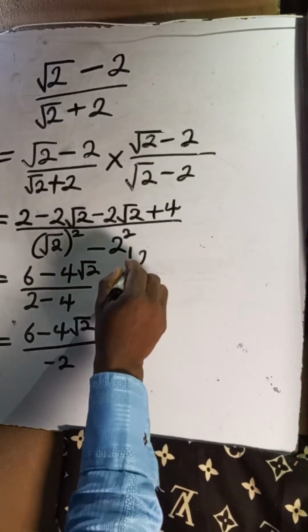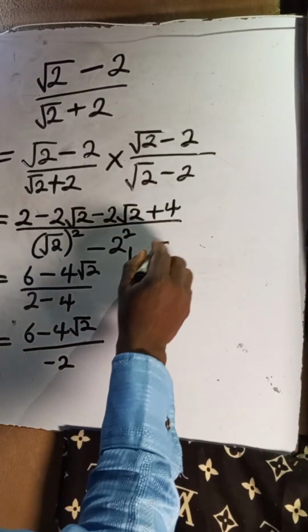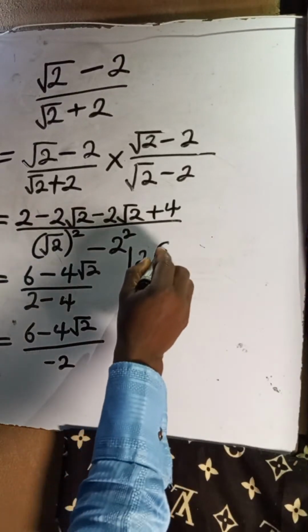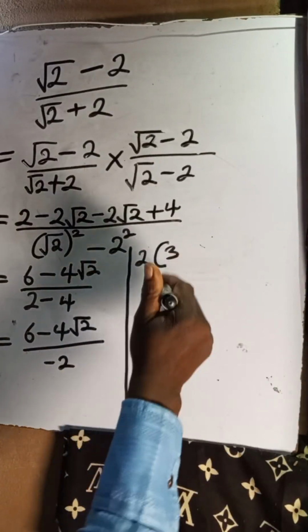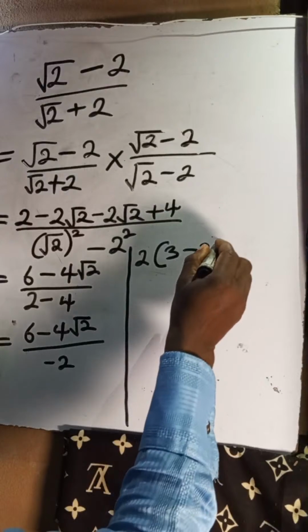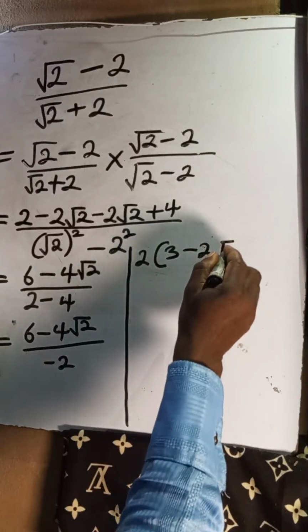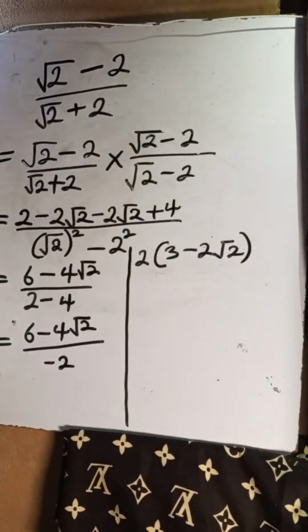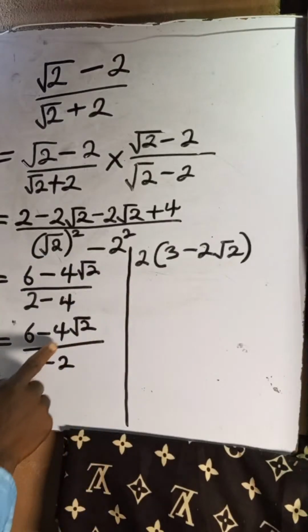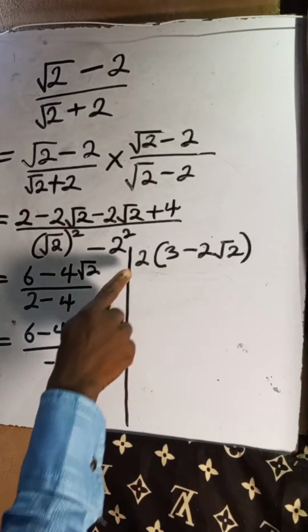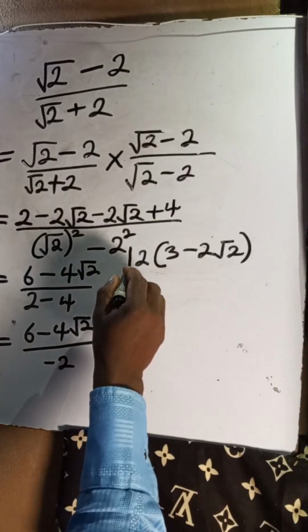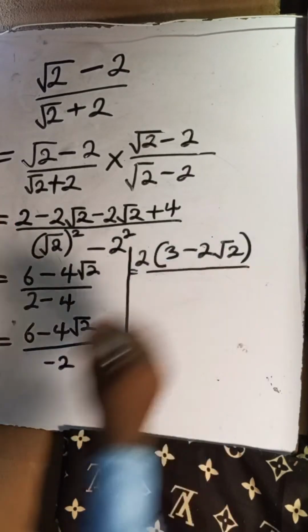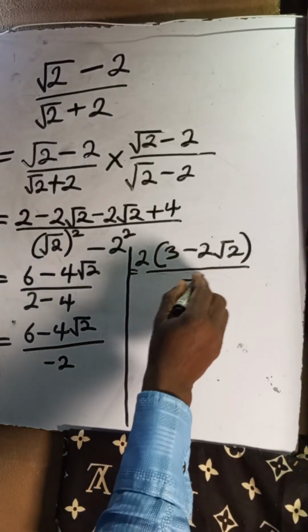From 6, we can bring out 2 and open brackets: 2 dividing 6 will give us 3. Minus, do the same thing to the 4. Use 2 to divide 4, you get 2 inside. Then we divide by minus 2.